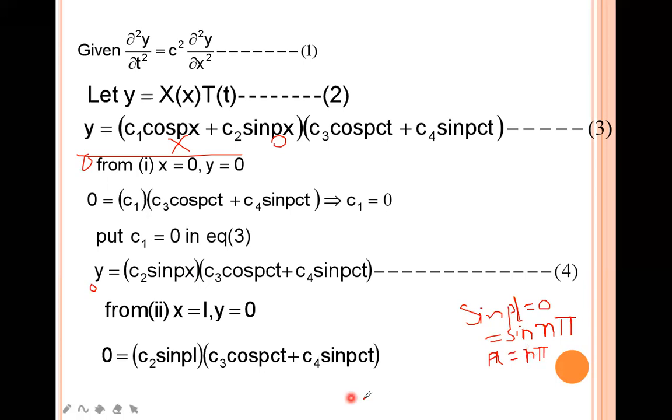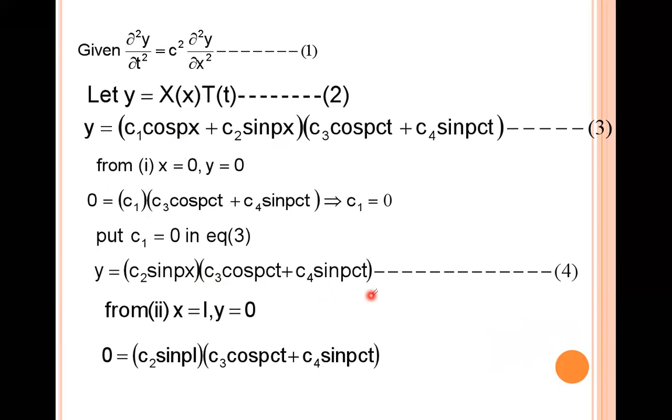So from the second condition, y is 0 when x equals L. Put x equals L and y is 0. Therefore we will get P equal to n pi by L. Substitute this value in equation 4.